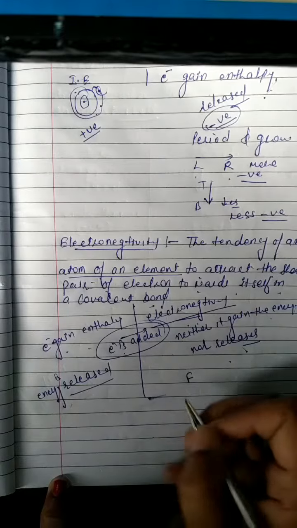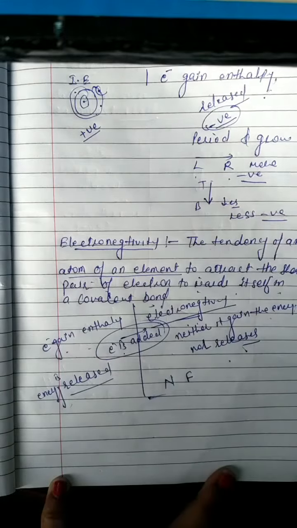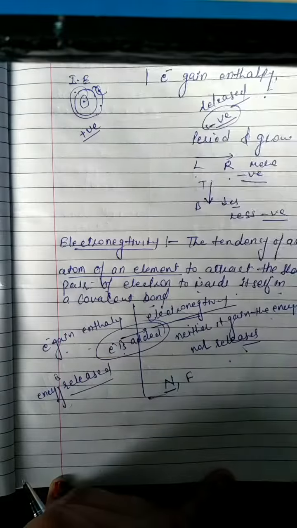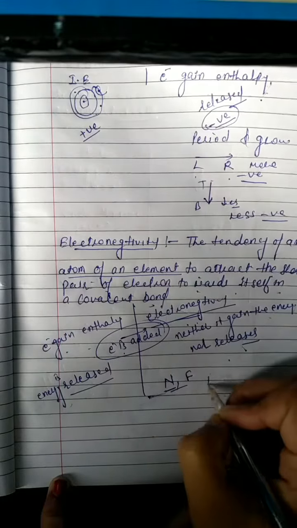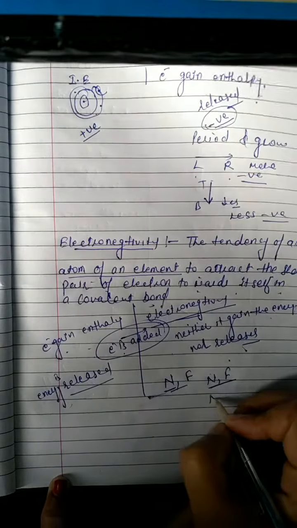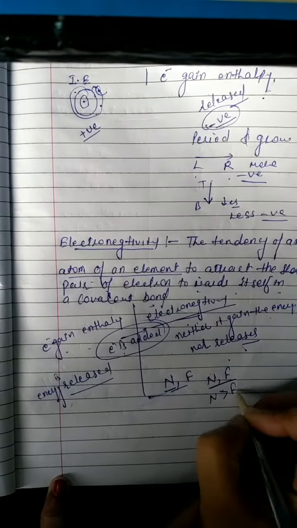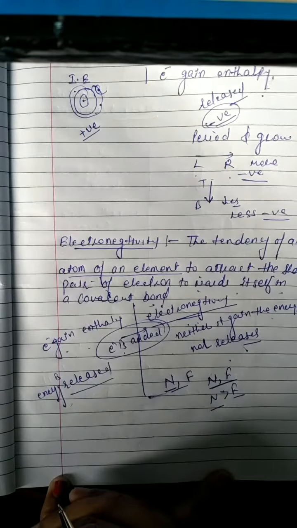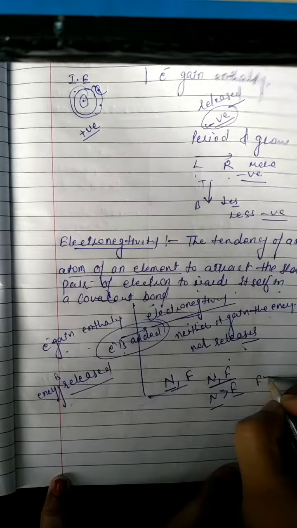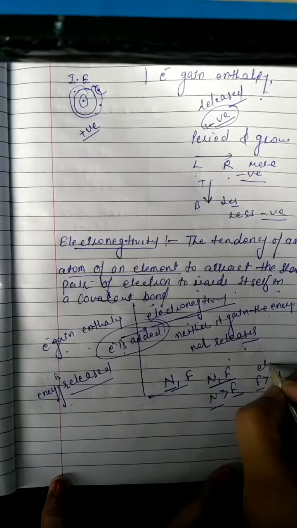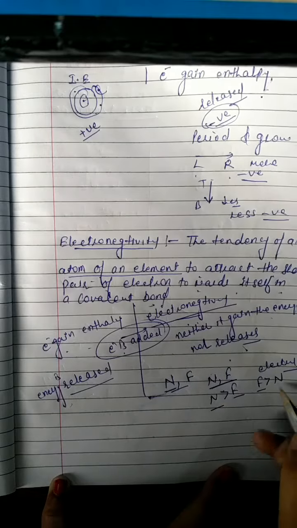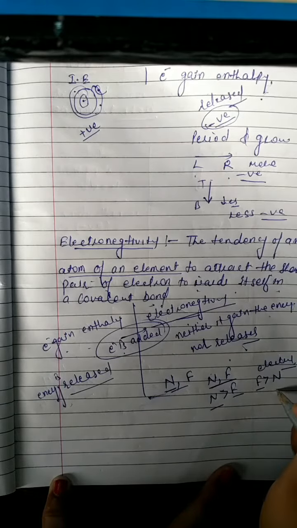Now, an example is fluorine and nitrogen. If we are talking about the size of nitrogen and fluorine, the size of fluorine is less as compared to that of nitrogen. But in that case, fluorine has more electronegativity as compared to nitrogen.